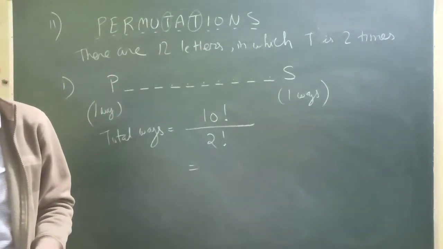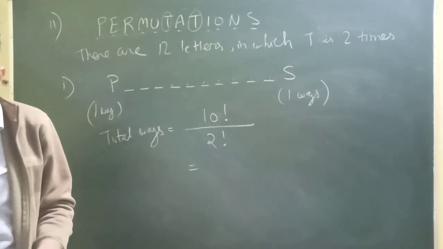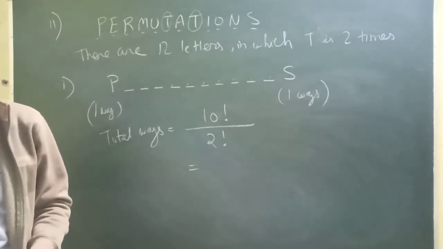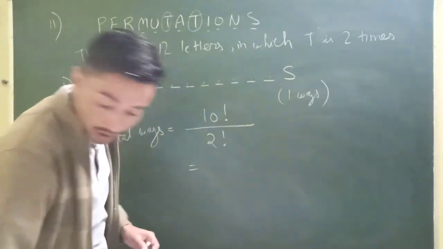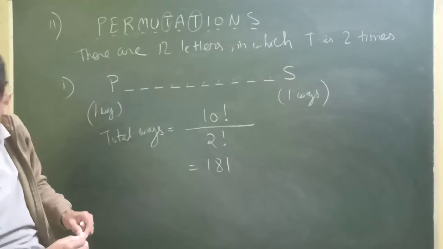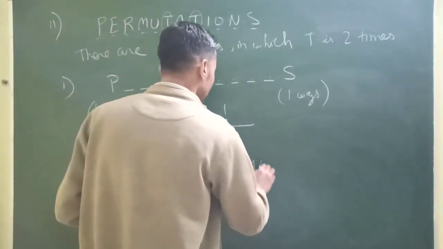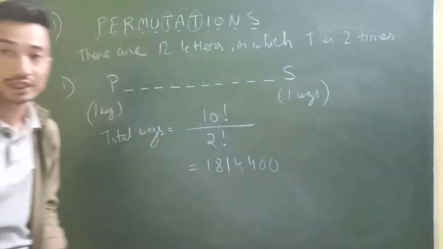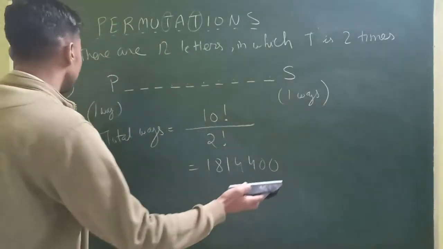That is 10 into 9 into 8 into 7 into 6 into 5 into 4 into 3 into 2 divided by 2. So that's going to be 1814400 ways. Alright? Okay, that was a simple one.